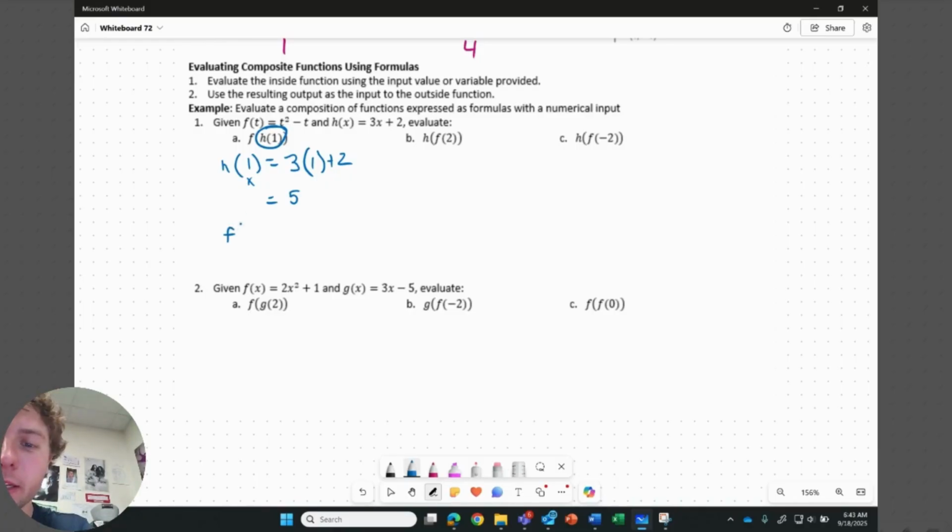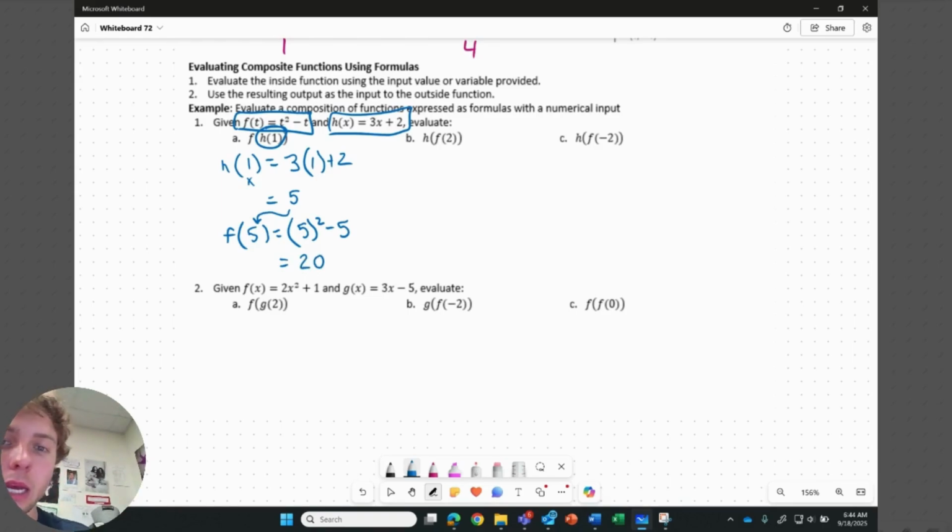So now if I need to find f of that value, I'm just plugging it in here. Now I'm going to the f function, which is at the top there. I'm getting rid of the t's and changing those to 5s. As we do so, we end up getting a value of 20. Same process for these other ones then.